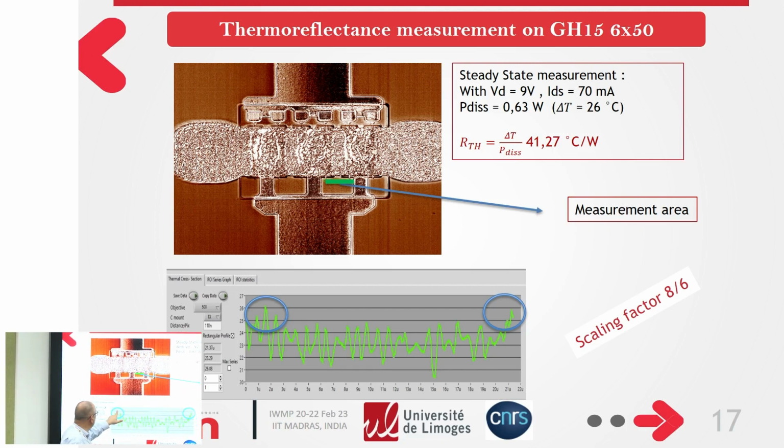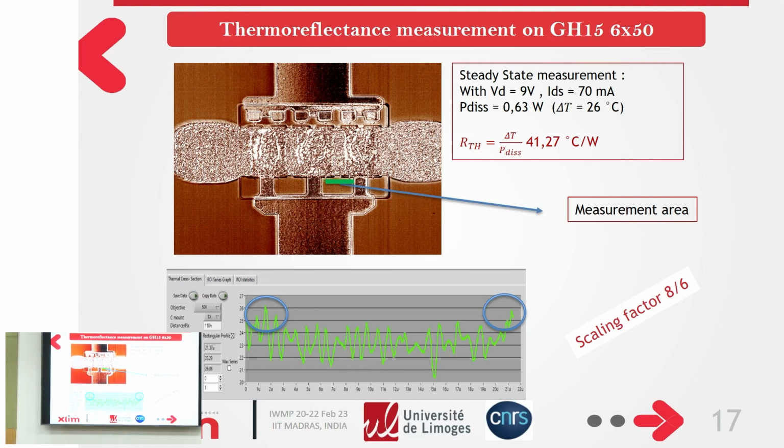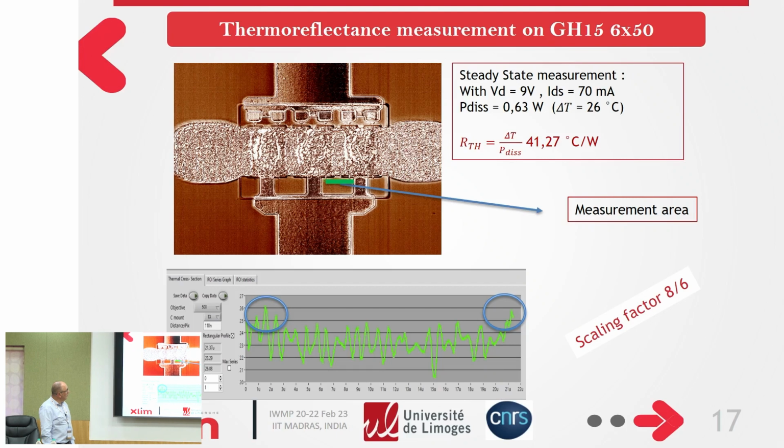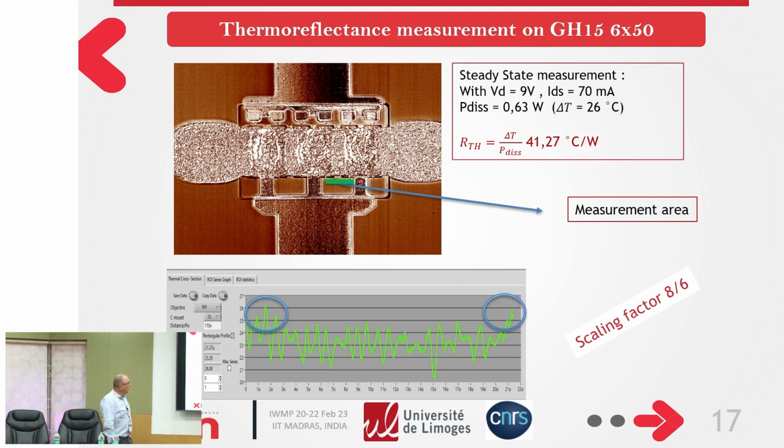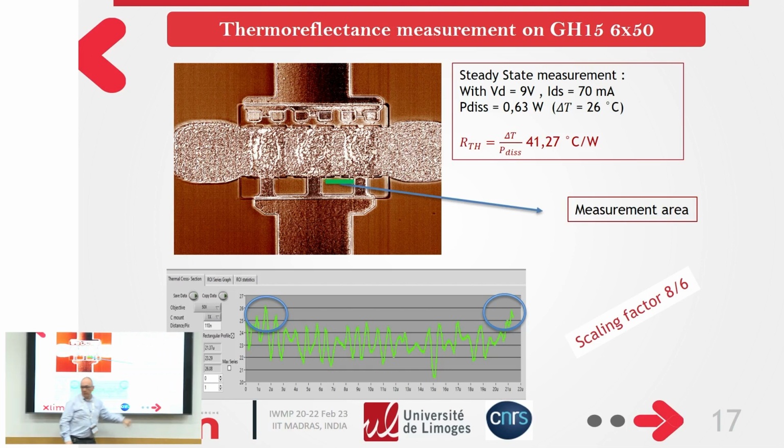So we measure 26 for the delta T, and we divide the variation of temperature by the power, and we can get also the thermal resistance for this device. So if we compare the thermal resistance of this device with the previous one, we can obtain the scaling factor between the developments. So it's encouraging.